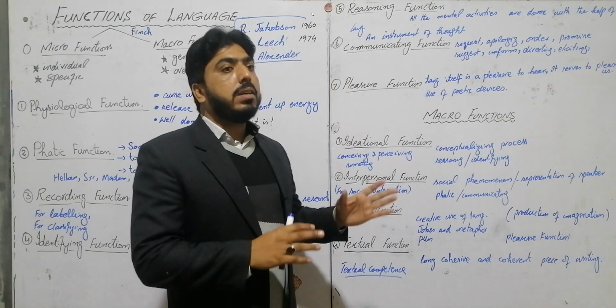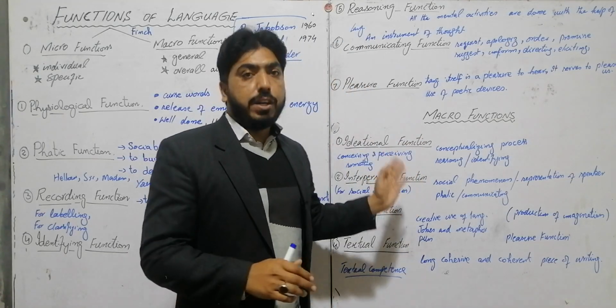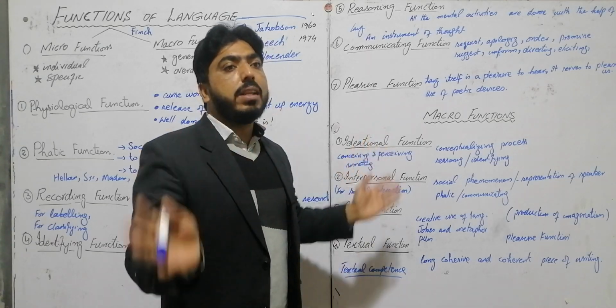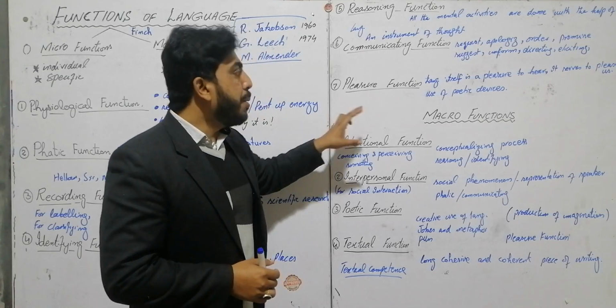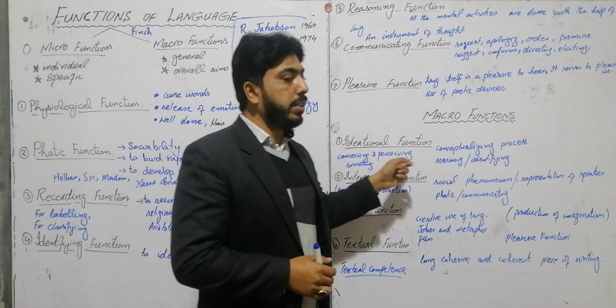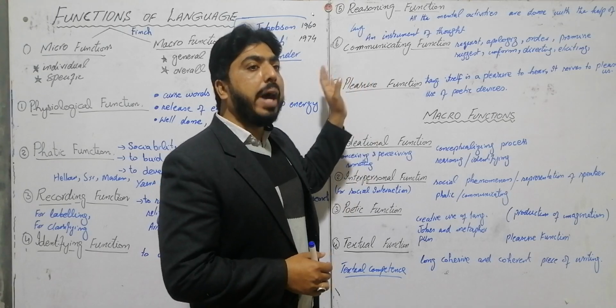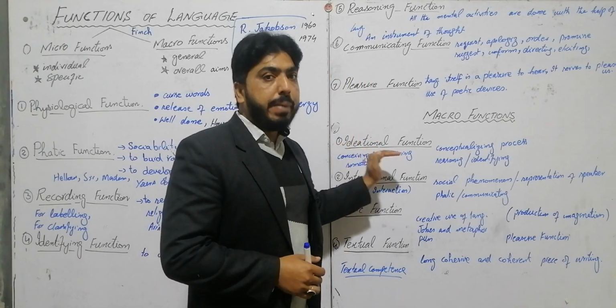Macro functions are the broader division of functions of language. At a general level, we divide the functions of language. The first function under macro functions is the ideational function. You may find some micro functions under a macro function.